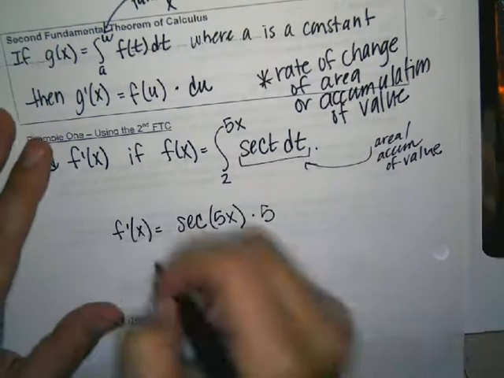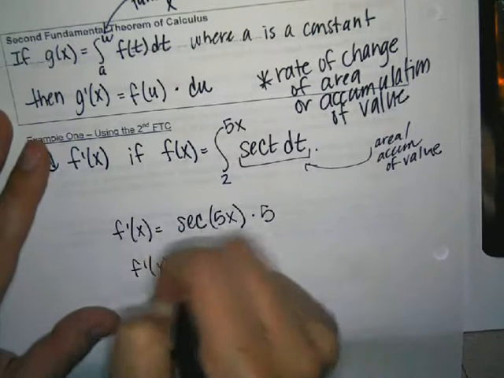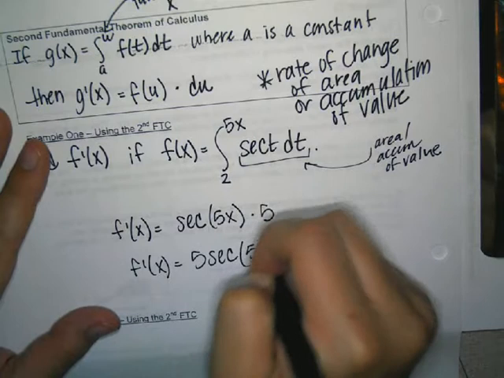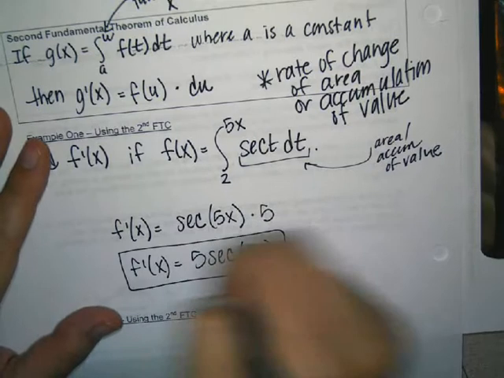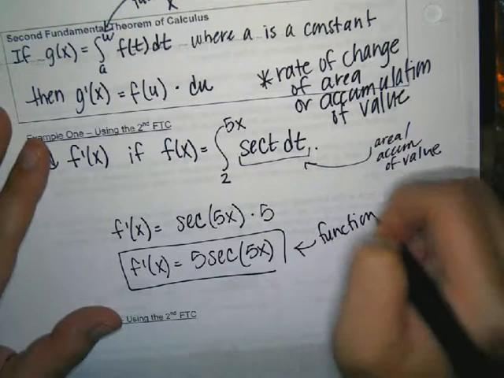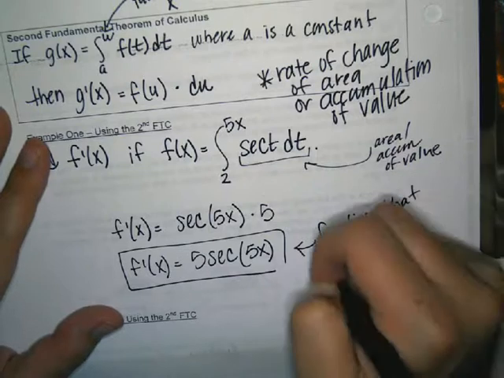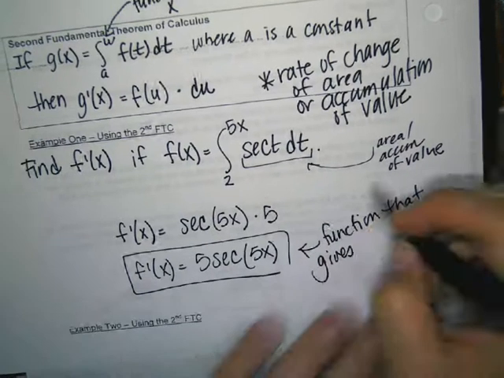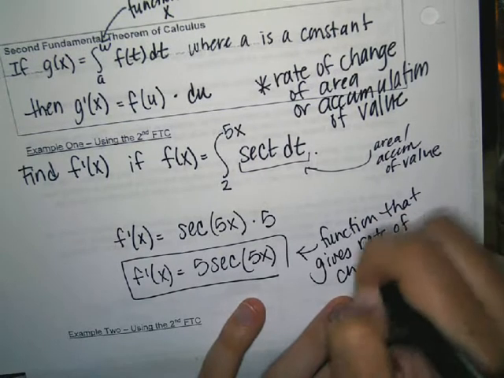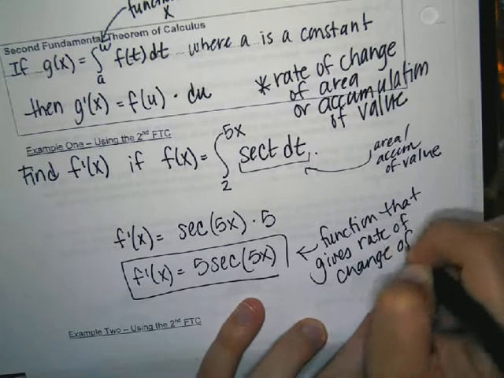And so your rate of change of area is 5 secant of 5x. So this is a function that gives rate of change of area or accumulation of value.